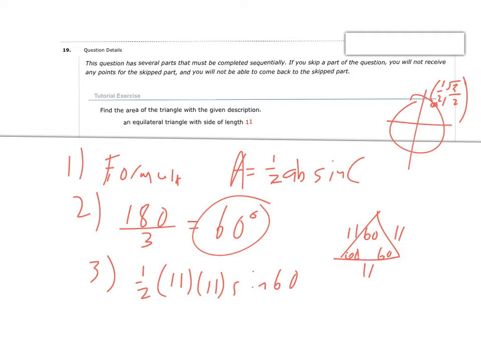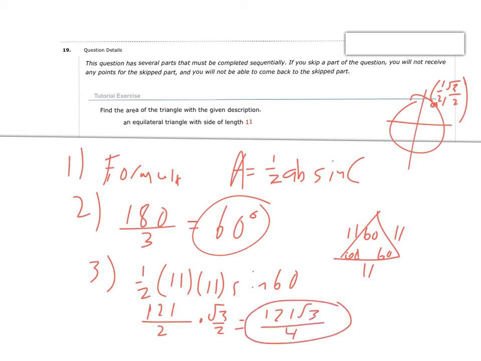And so I can replace this then. Actually, I can multiply these two together. So 121 over 2 times rad 3 over 2, which I would just say is 121 rad 3 all over 4. Since we're multiplying, we have to multiply the denominators together. Then it asks you, so that's kind of part of your answer there, and then it asks you to do a decimal. So for the last step, you are going to have to change that to a decimal, and that will be the only thing on this you'll use a calculator for.